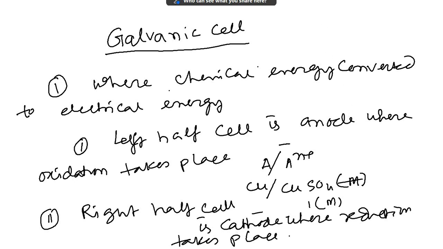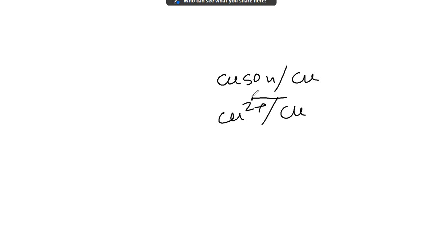As for example, suppose copper sulfate is converted to copper. In this case the charge of the copper is 2+, and it is converted to Cu, it takes up 2 electrons.